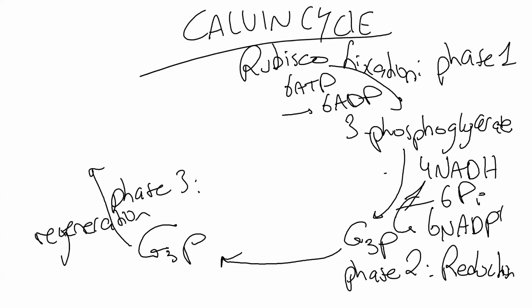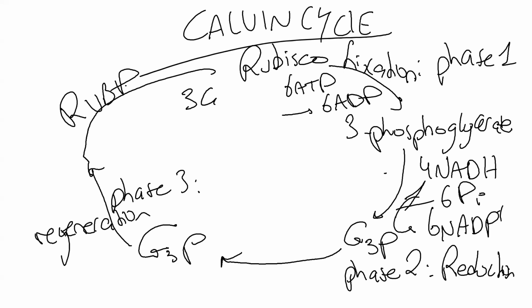This regeneration phase will use the RuBP and the cycle will continue again. Here also, since it's the Calvin cycle, and if you remember when we did the chart, the Calvin cycle will use CO2 to produce glucose. So here, of course, we're going to use 3 CO2 at the beginning of the cycle.